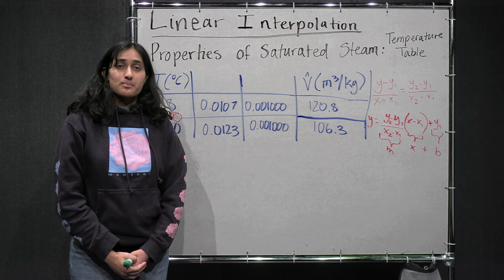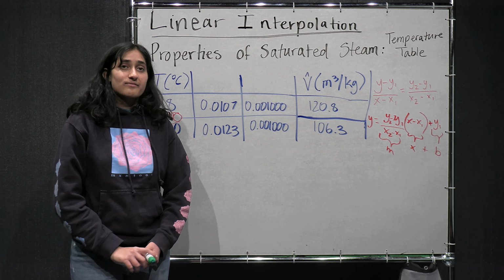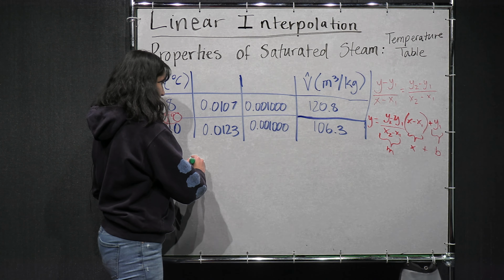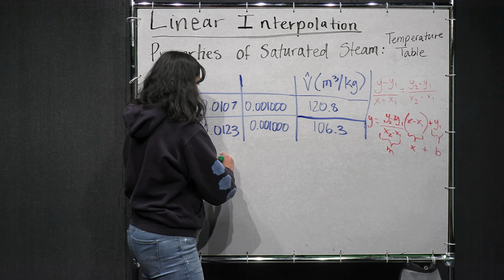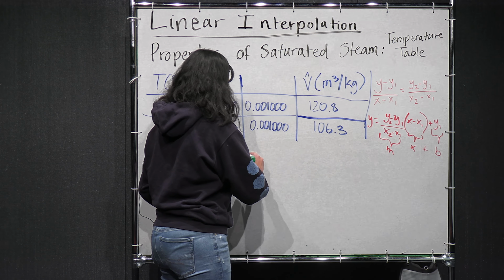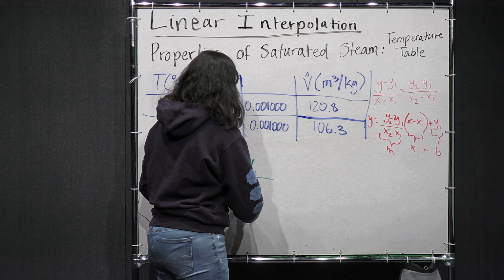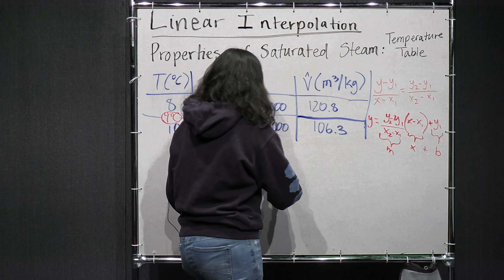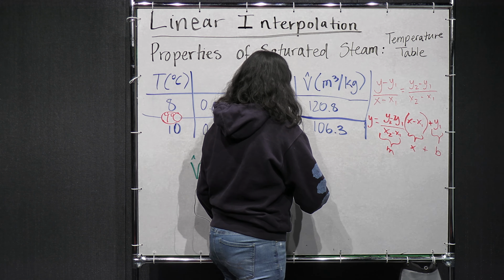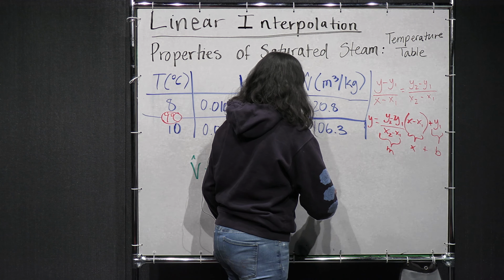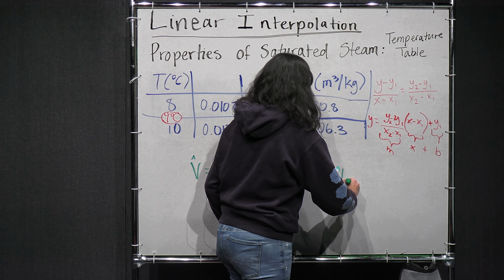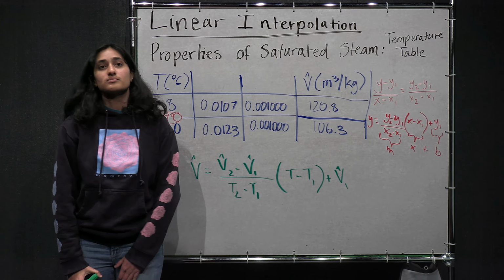Substituting it in for the temperature and specific volume, we have that v hat is equal to (v hat 2 minus v hat 1) over (T2 minus T1), times (T minus T1) plus v hat 1.